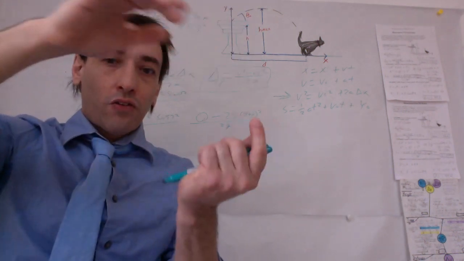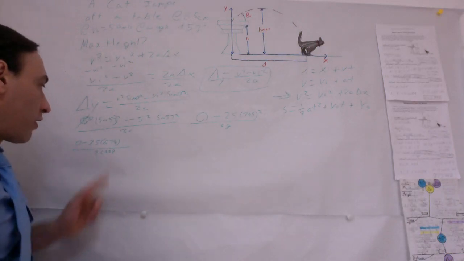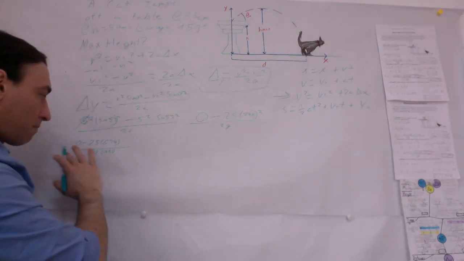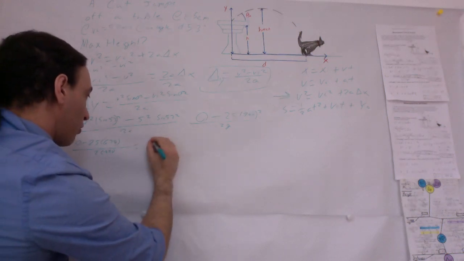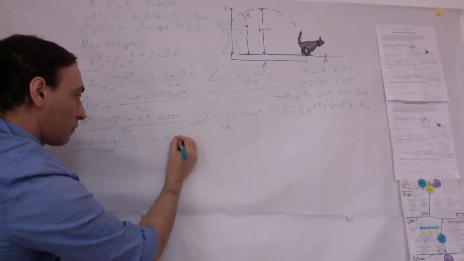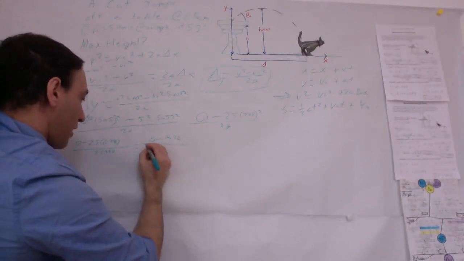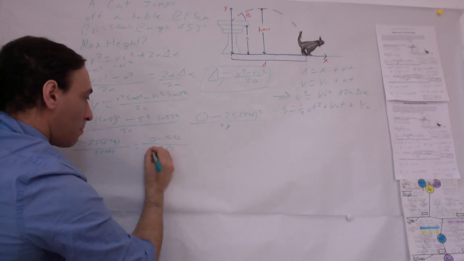And don't forget, gravity is going down, so it's not a positive number. Now from there, keep going as the rules apply accordingly. 0 minus, this should be 15.92, and the bottom should be a total of 19.62.